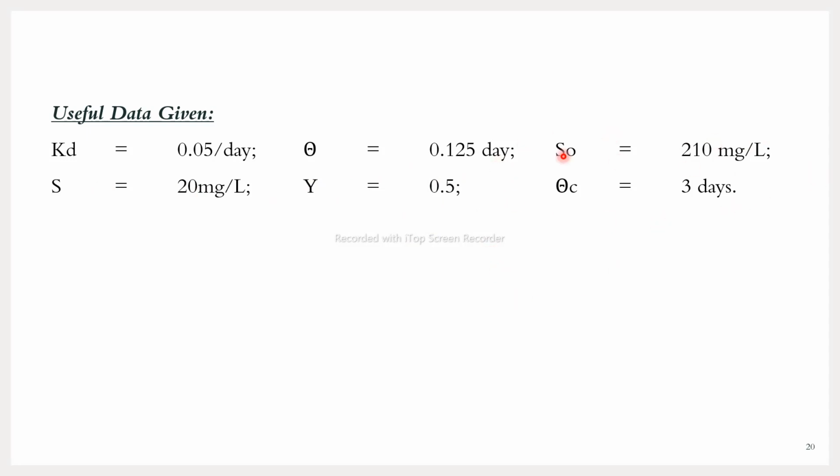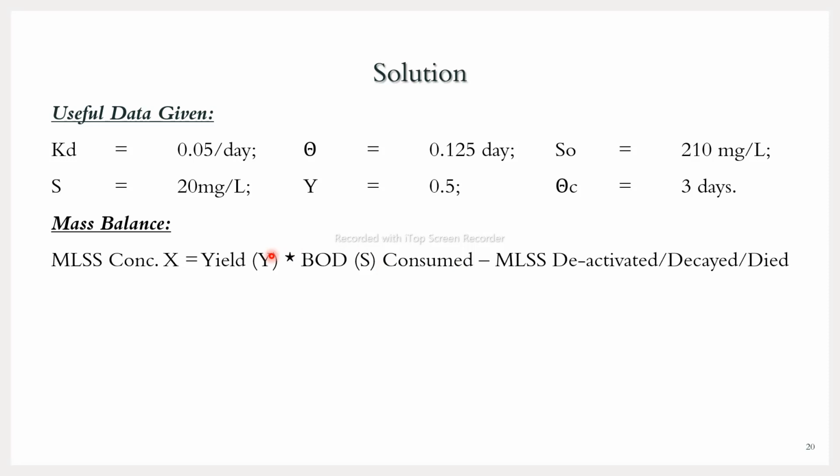And theta C, that is your cell retention time, is 3 days. So the solution is you have to do a simple mass balance, as I told you earlier. The MLSS concentration X equals the yield Y into the consumed BOD, consumed by this MLSS, minus the MLSS deactivated or decayed or died.